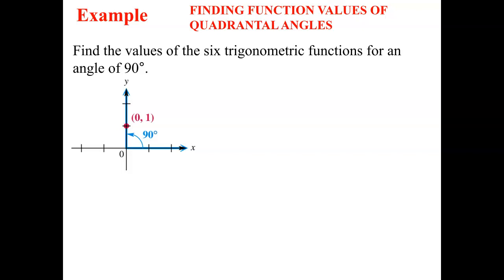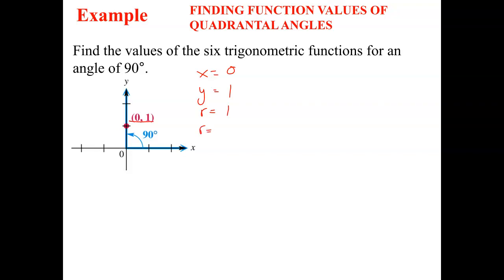Okay, so looking at this point, let's identify x, y, and r. x, 0; y, 1; r, 1. Good. How'd you get a radius of 1? 0 squared plus 1 squared. Okay. So, got my point 0, 1, x and y, easy enough.